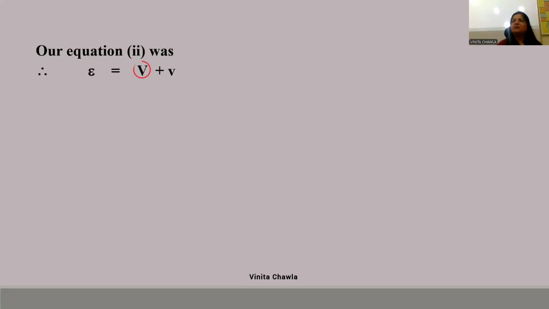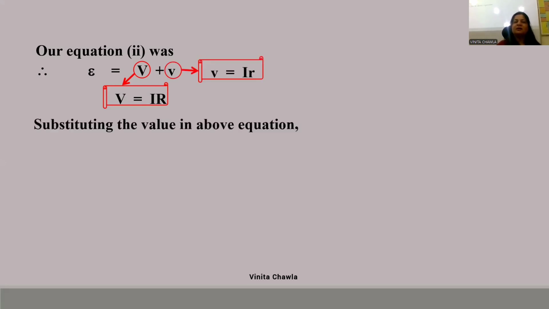So this is the equation that we had considered, right? Because QE is equal to QV plus Qv, right? So we've cancelled Q from both the sides, so we'll get this. Now this capital V is IR, yes, and small v is I small r. So we can write this as, by substituting these values in the above equation, E is equal to I capital R plus I small r.